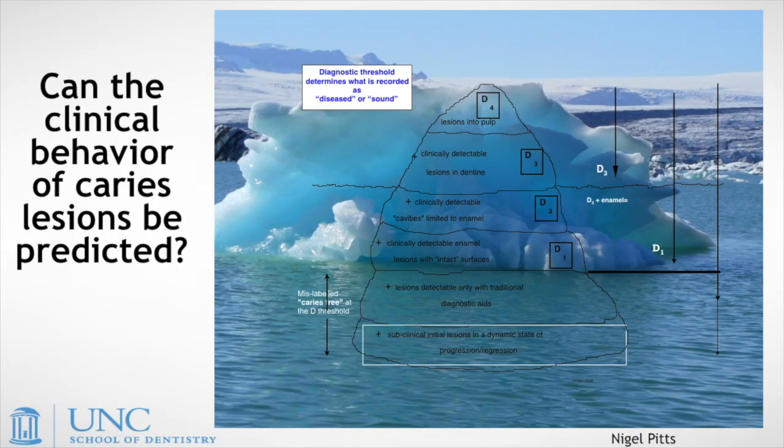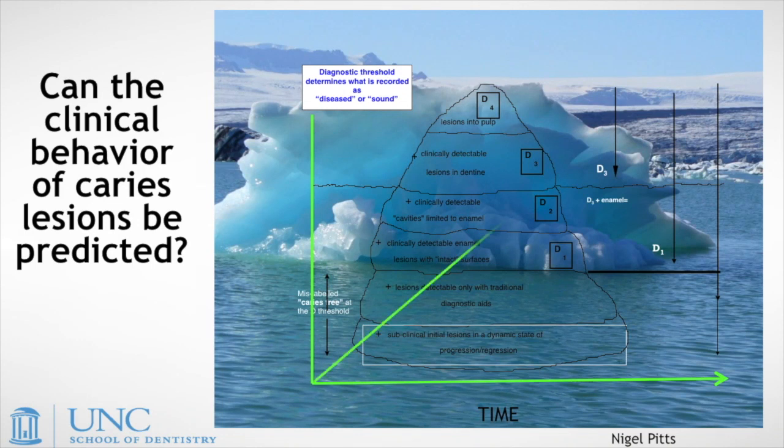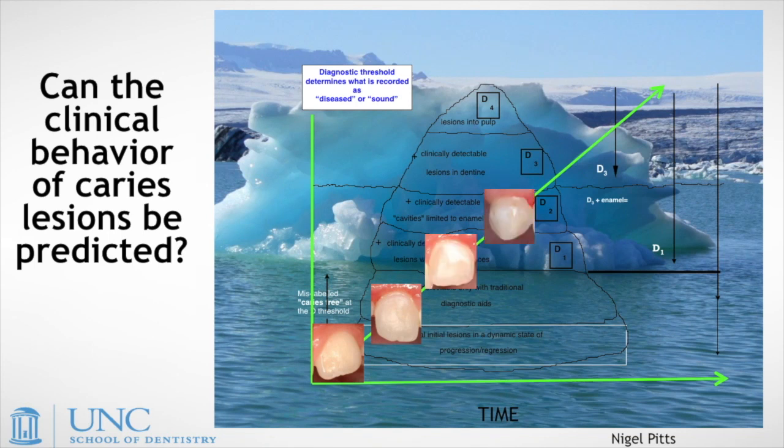In homage to Dr. Pitts, can we look at the behavior of the lesions and predict that? We know that not everything that we see, like the iceberg, is what is present, that there is a lot of disease that is unseen, but it's there, and we know that they can progress to cavitation, but it's that threshold that we don't know where it is and which of them are of importance to treat, or to manage, or to intervene.